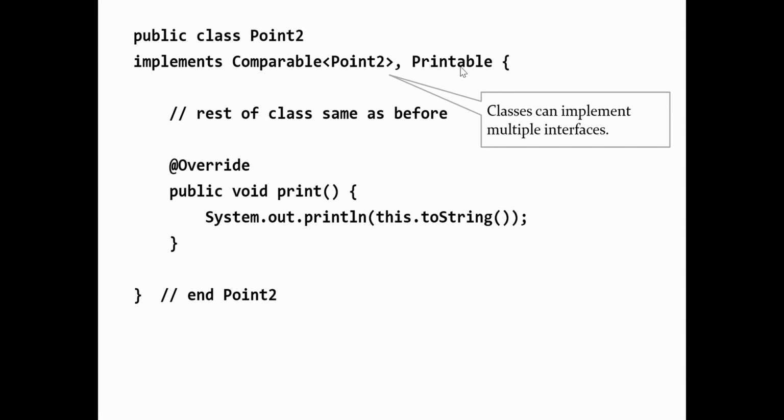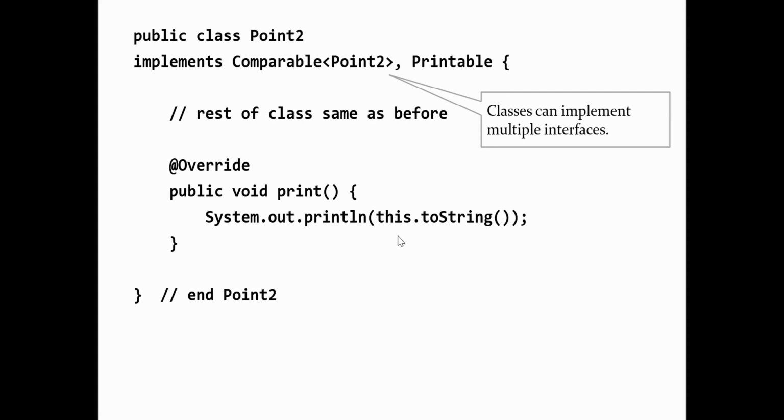Because we're now implementing the Printable interface, we have to add our print method to the class. To print a point, it's easy. You just call toString on the point and print it out. So in this case, it's very easy to modify our class to implement the Printable interface.